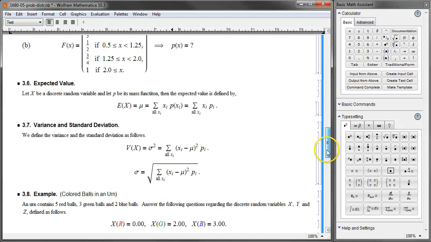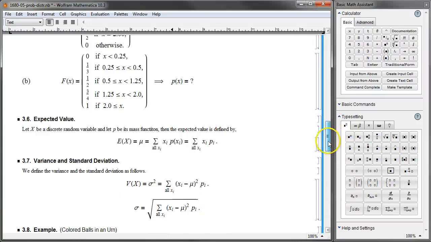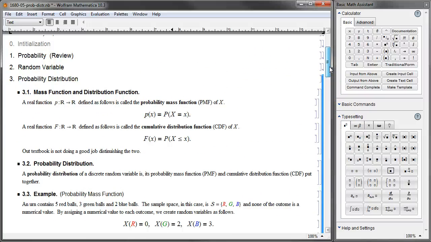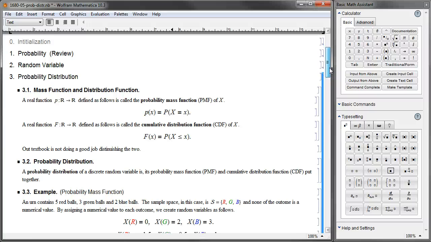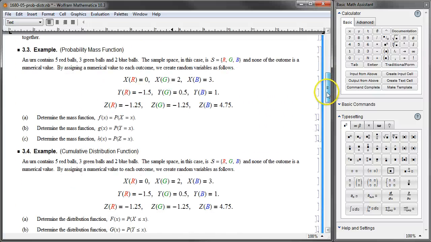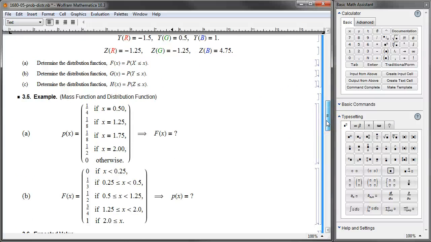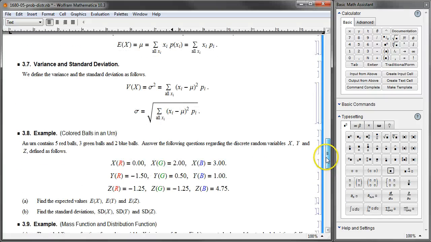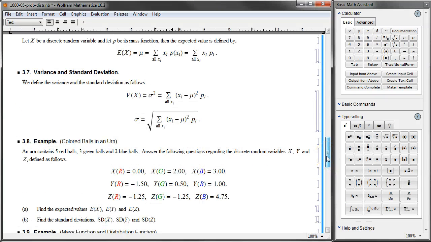Amazingly, we are still not done with 5.2. We went through first probability mass function, and then we did some work on cumulative distribution function, and then we went through some relations between the two and going back and forth, and then we introduced expected value, variance, and standard deviation, and did some computation problems associated to those.